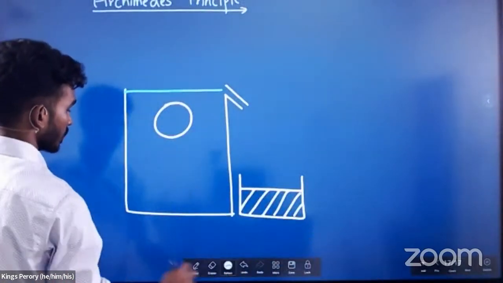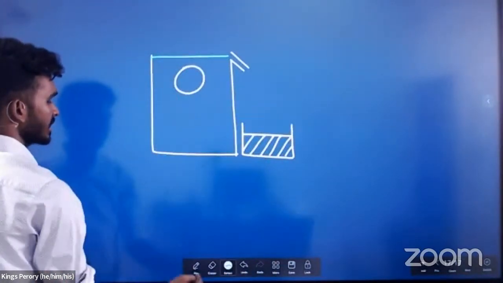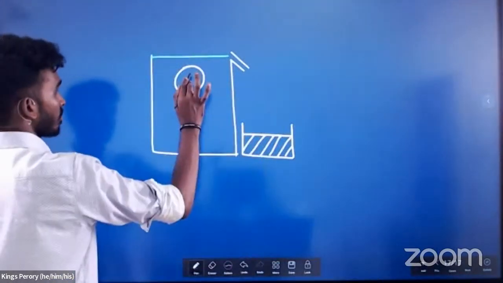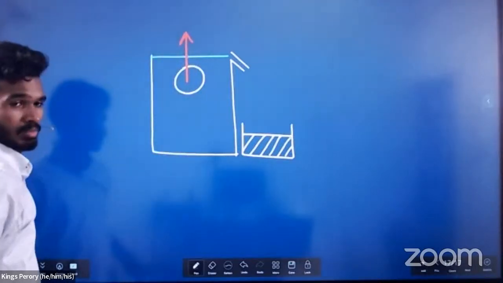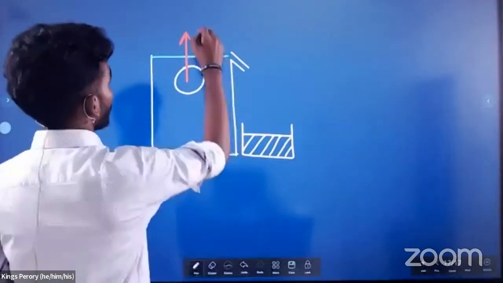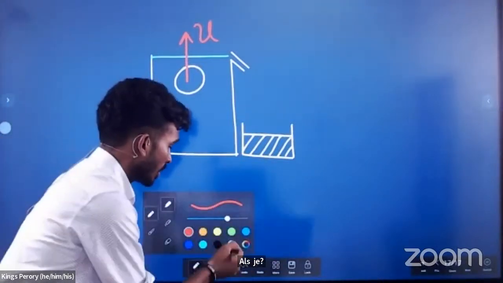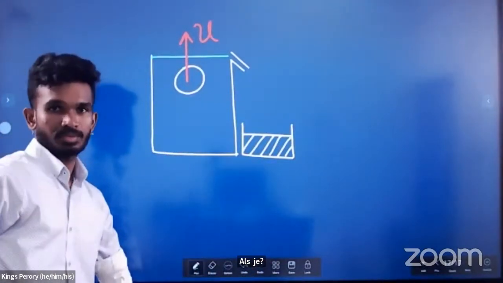Now listen. When you immerse an object like this inside the liquid, there is an upward force acting. What is that upward force? Upthrust. It's a force. Some amount of water gets displaced out.